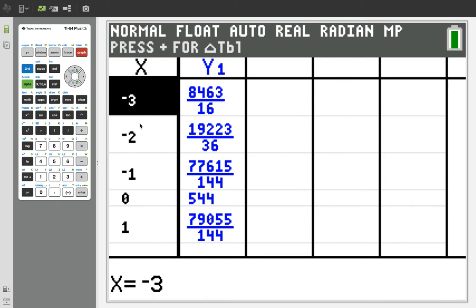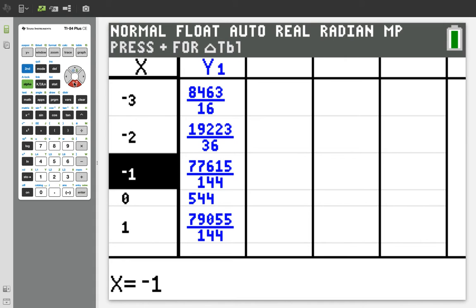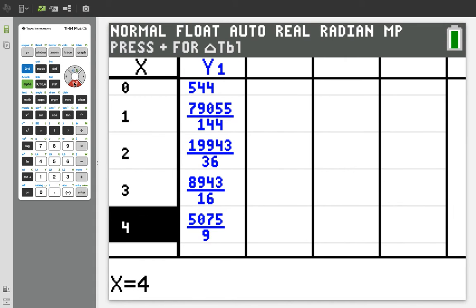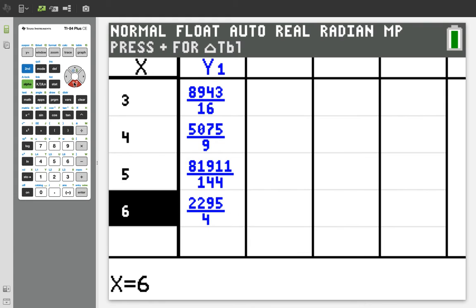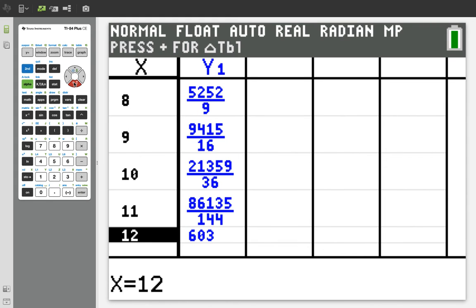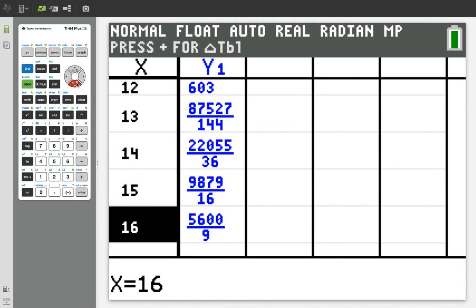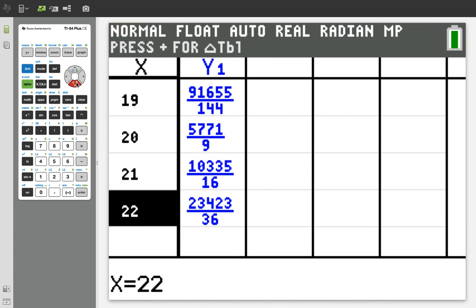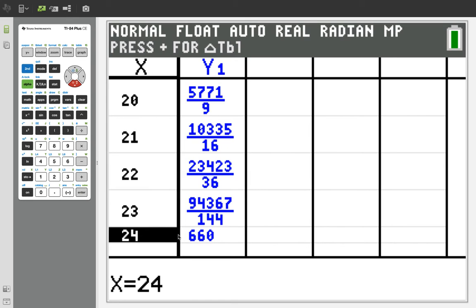And just looking at our table of values, we're going to look at what the table looks like. And wow, yes, we look at this and we see 0, 544. That's a nice number, but none of these other numbers look nice to us. So if we scroll on down, we see fractions after fractions after fractions until we get to 12. 12 is an integer pair, 12, 603. And that's why it said to set your table to multiples of 12, because we have fractions all the way till 24, and at 24 we'll have another integer pair.